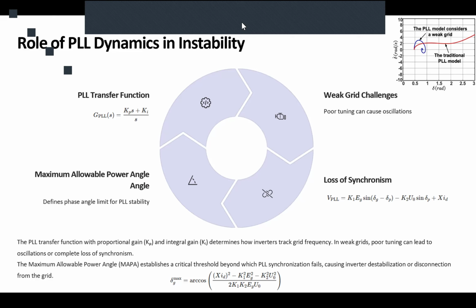Based on the parameter, we define that maximum angle as the maximum allowable power angle. That basically is a threshold up to which the PLL could keep the inverter synchronized to the system when we are dealing with a weak grid scenario.